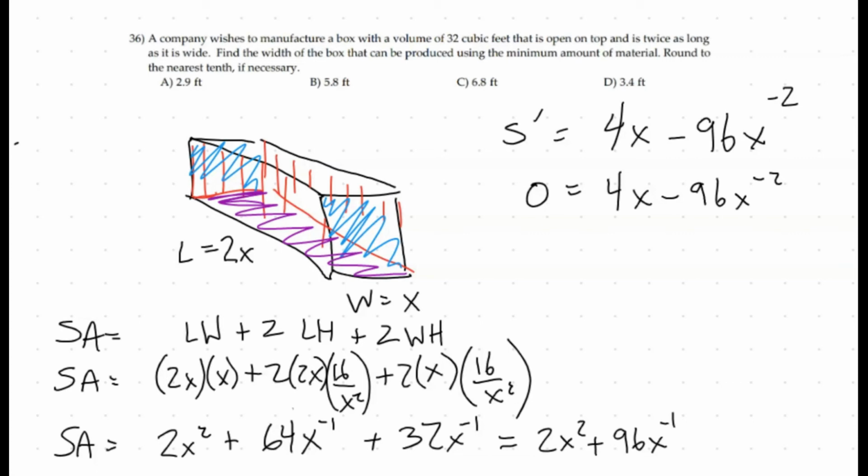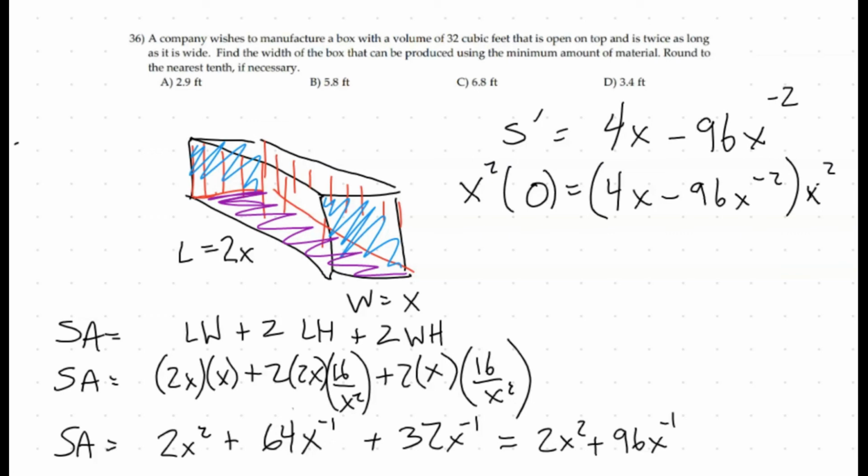And we've got a couple ways to go about solving this. I would say let's multiply both sides by x to the second power, just so that I can get rid of that x to the negative 2.